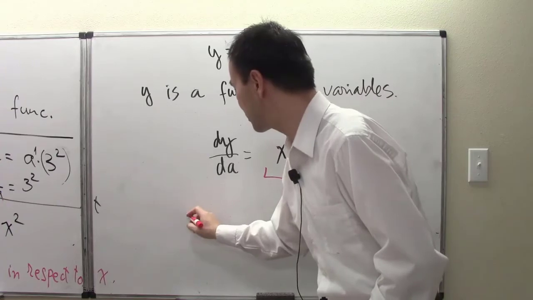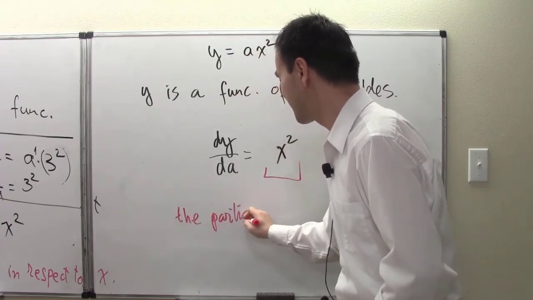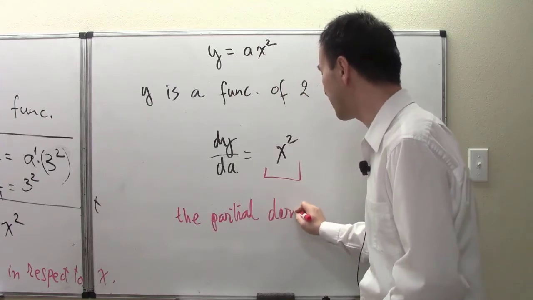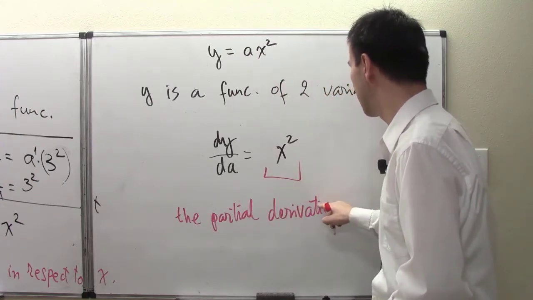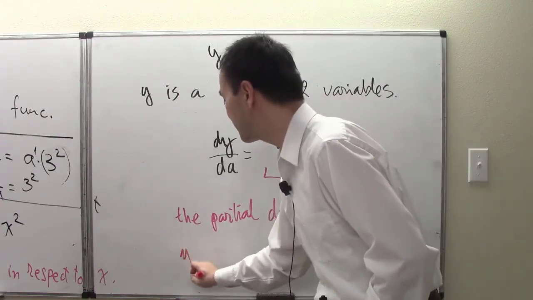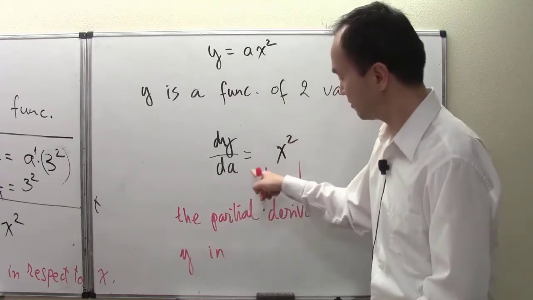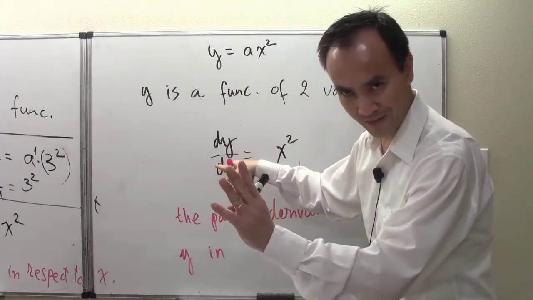But now formally as a name, I call this part that I underlined right here with red ink the partial derivative. Okay, the partial derivative of the function y. But this time, the main variable that we target is the a variable, not the x.